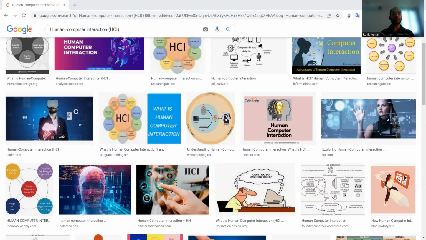Now, when we are saying that so many possibilities are there, what are the different interdisciplinary domains available for research with respect to human computer interaction? If you are going for sensing related things, or mobility related things, or social information related things, then you can go for human computer interaction.